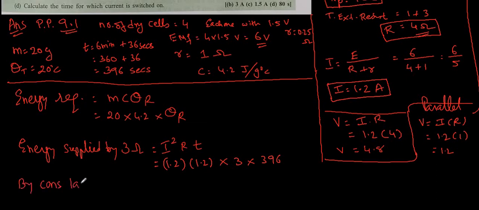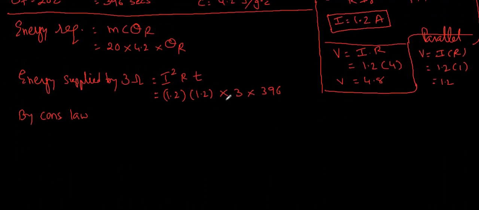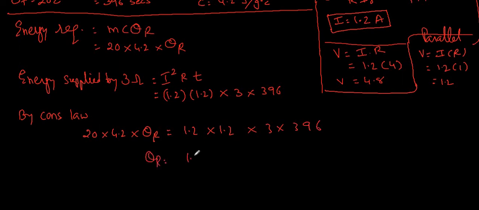Now according to the law of conservation of energy, both of these are the same. So 20 multiplied by 4.2 multiplied by θR is equal to 1.2 multiplied by 1.2 multiplied by 3 multiplied by 396. So θR is equal to 1.2 × 1.2 × 3 × 396 divided by 20 × 4.2.